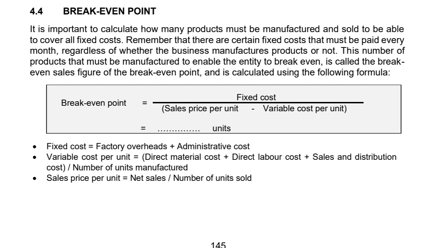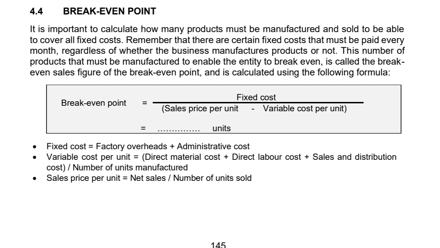This number of products that must be manufactured to enable the entity to break even is called the break-even sales figure or the break-even point, and it is calculated using the following formula. Our break-even point will be our fixed costs divided by our selling price per unit minus our variable cost per unit to give you the number of units you need to produce in order to cover all your costs.